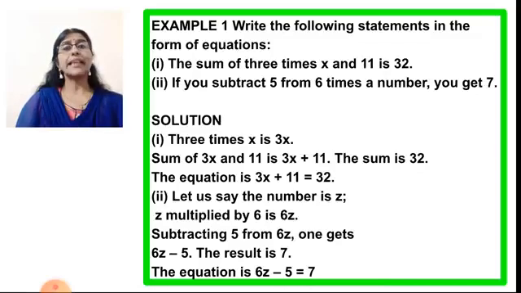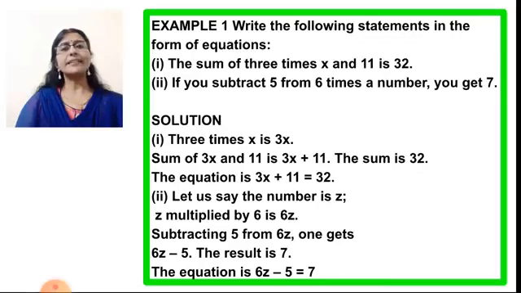Then 6 times, again we are going to multiply, 6 times a number will be 6z, because the number we have assigned as z. And then you have to subtract 5 from 6z. So subtracting 5 from 6z, one gets 6z minus 5.